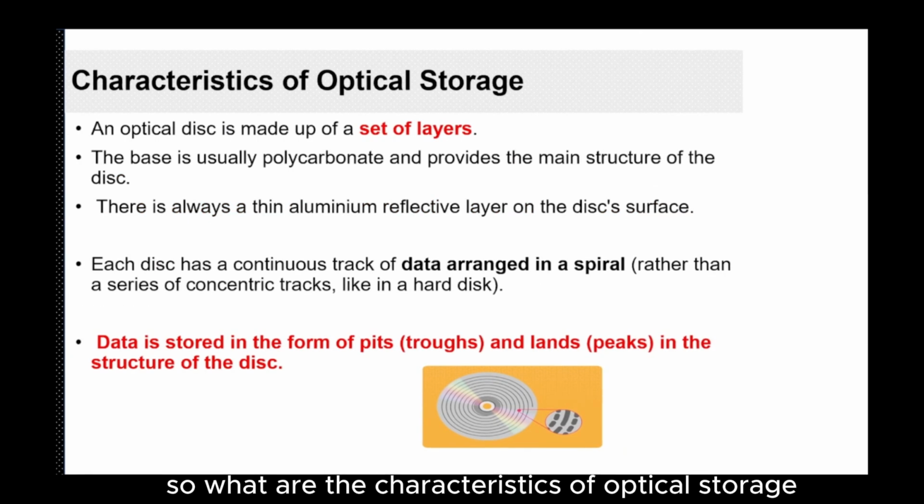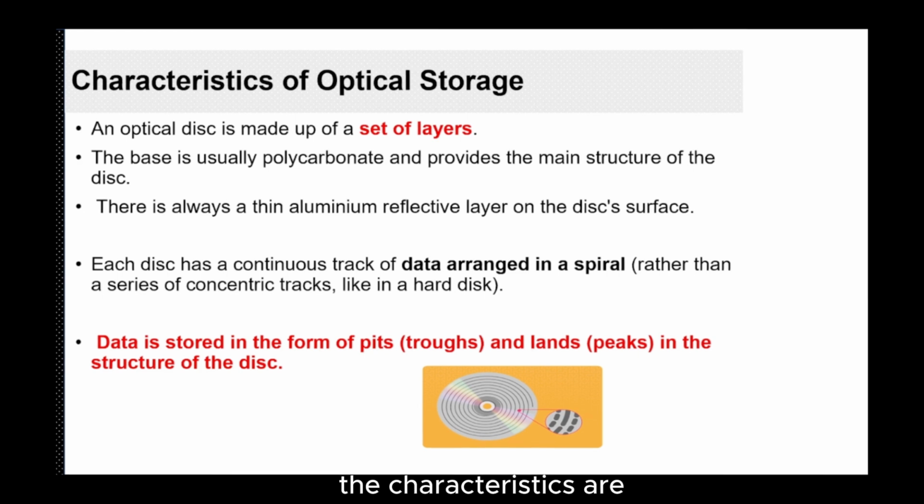So, what are the characteristics of optical storage? An optical disc is made up of a set of layers. As I was explaining earlier, if you had seen a vinyl record, it would have songs going in a spiral. Similarly, it's made of layers. The base is usually polycarbonate and provides the main structure of the disc.